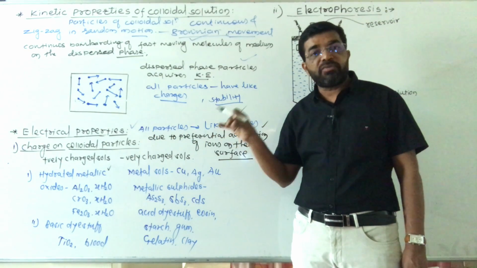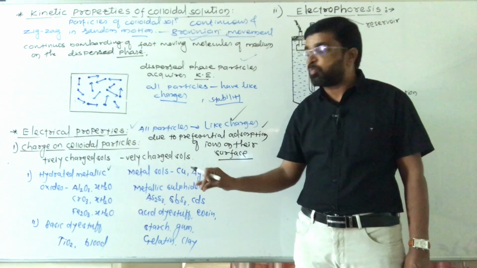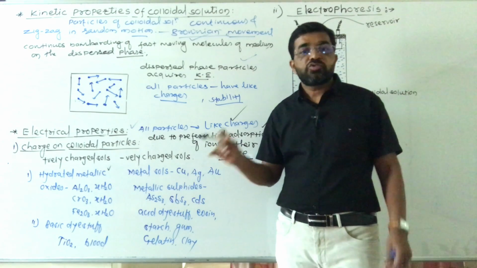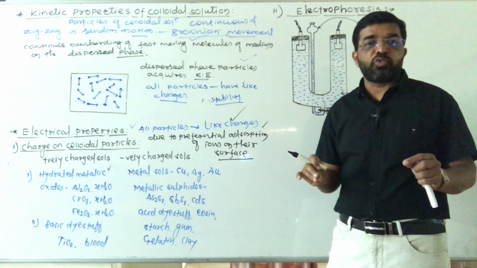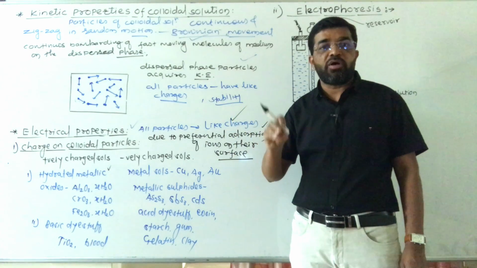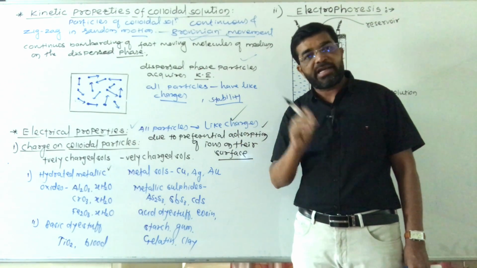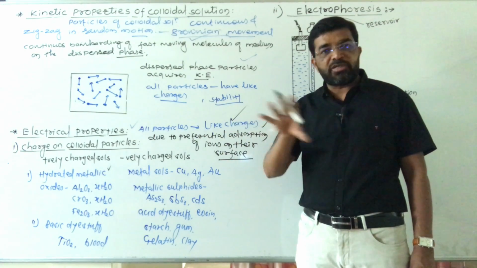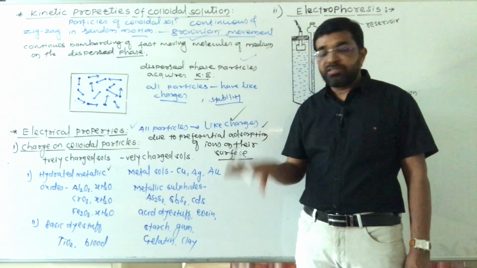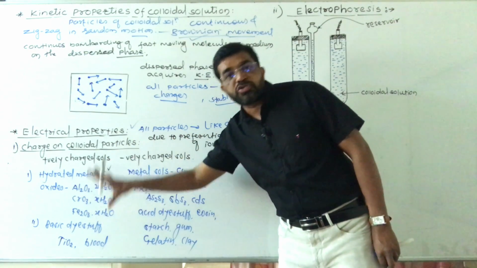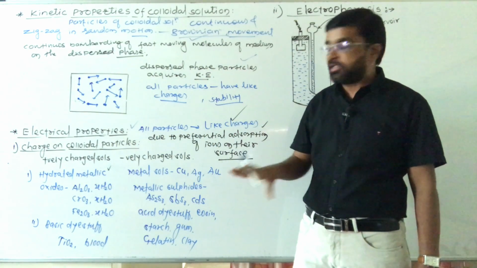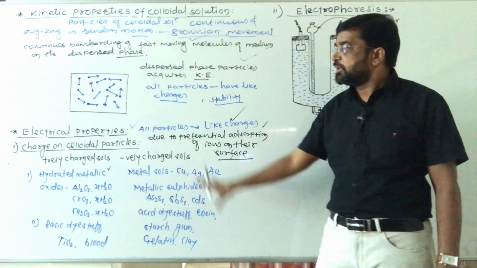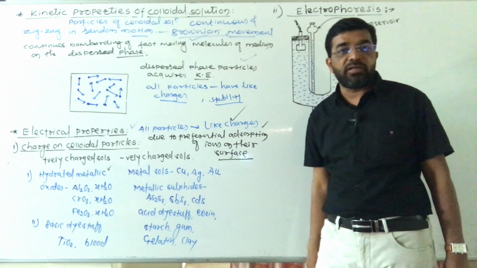So this is the first electrical property of colloidal solution, that is charge on colloidal particle. Charge on colloidal particle is due to preferential adsorption of one of the ions on their surface, either cation or anion, from the electrolyte which is added during the preparation. These are colloidal solutions having positively charged particles, and these are having negatively charged particles.